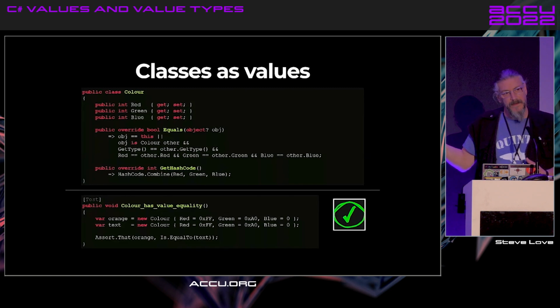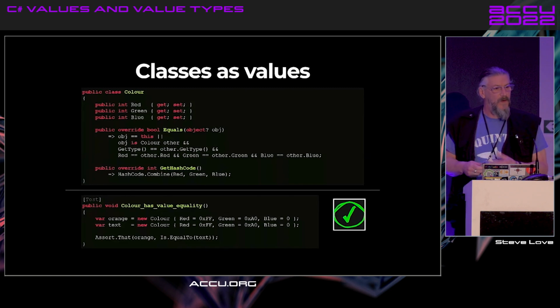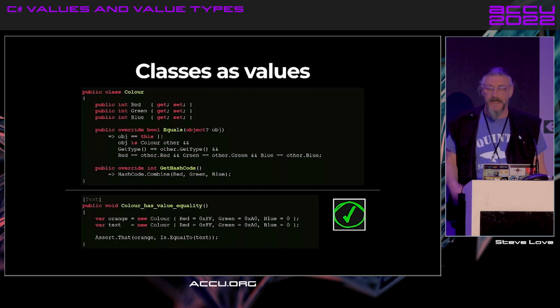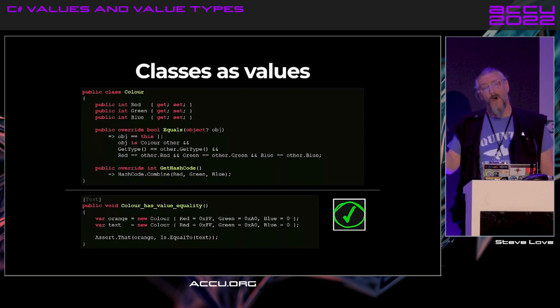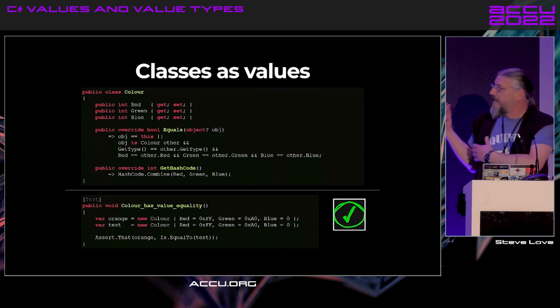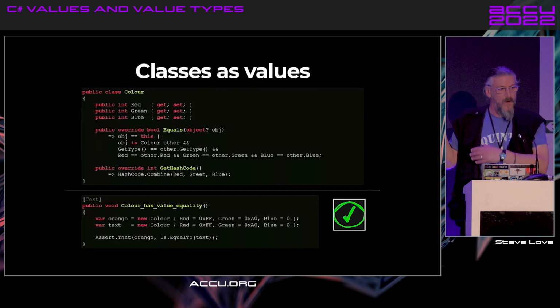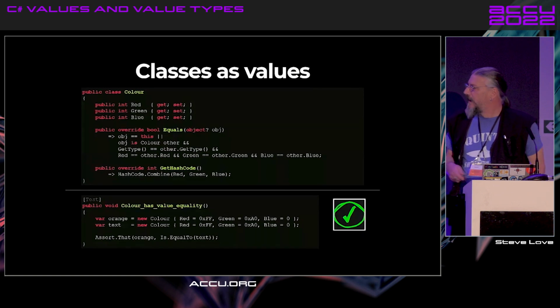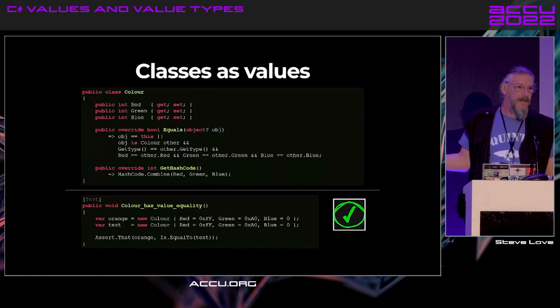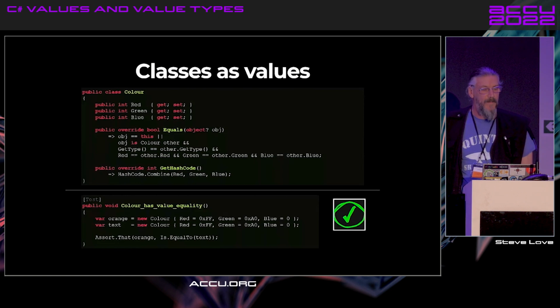But if all of those aspects of equality match, then we carry on and compare the values of all the properties, and if the property values are all equal, then the two Color instances are equal, irrespective of whether they're references to the same object. So we have value-based equality for a reference type. And we have the same test at the bottom, creating two instances of that, and that test now passes where previously it failed, because we're comparing the state.